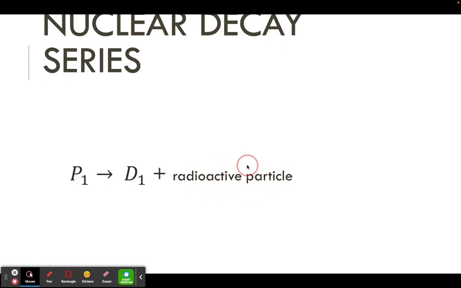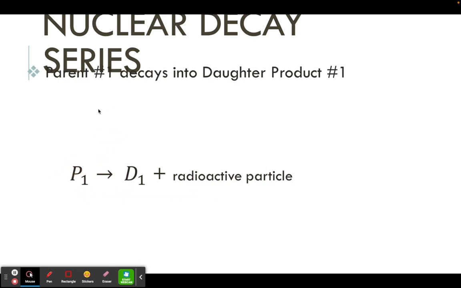Either it's a beta particle, an alpha particle, a positron emission, or maybe it's gamma radiation. So something is released. We saw various types of those nuclear reactions, different types of decay. So parent number 1 decays into daughter product number 1.